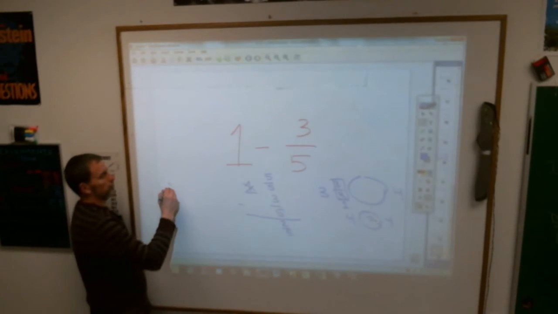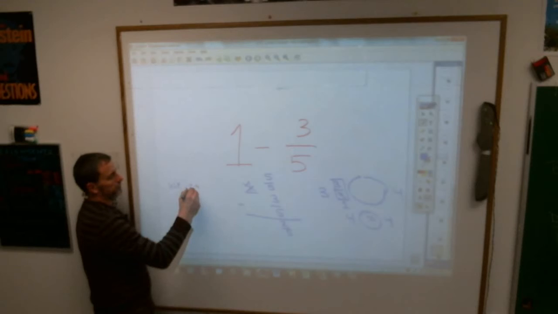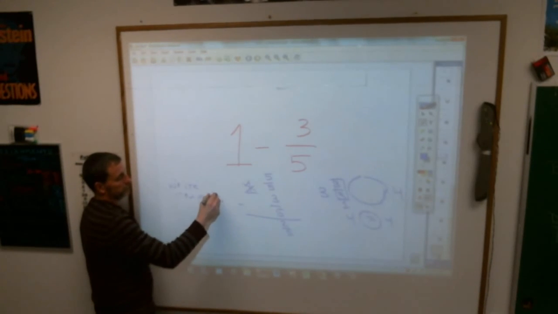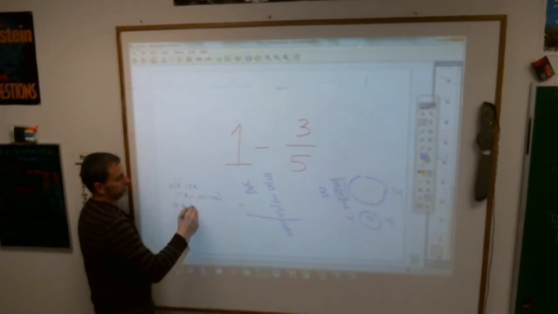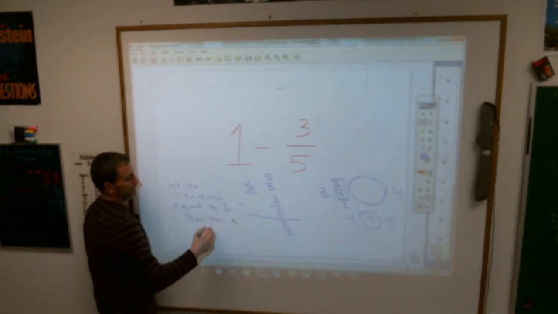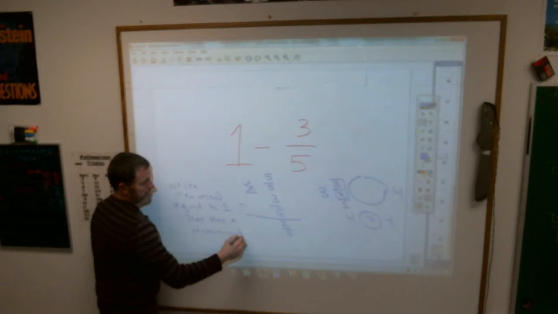Or they'll ask you to write a fraction equal to 1 that has a denominator of 6.